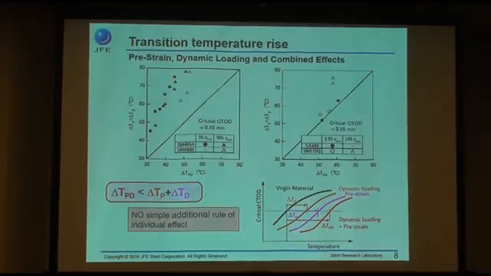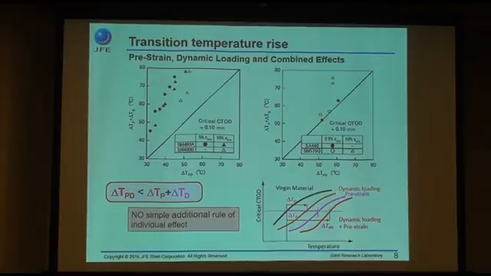Our final target is how to evaluate the transition temperature rise from the combined effect of prestrain and dynamic loading. The simplest idea is just superposition.